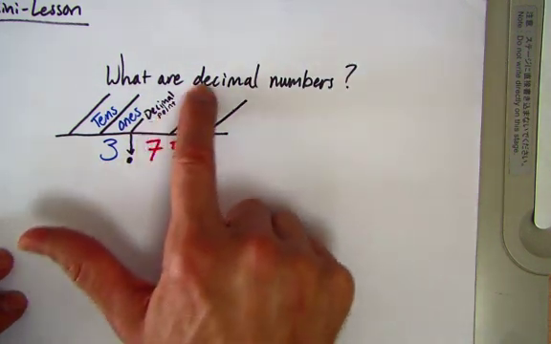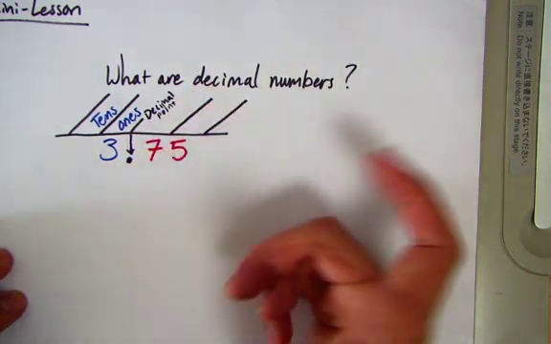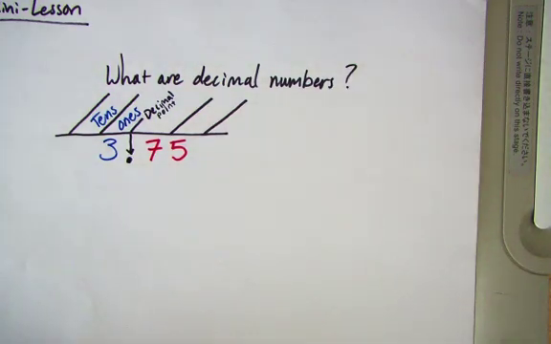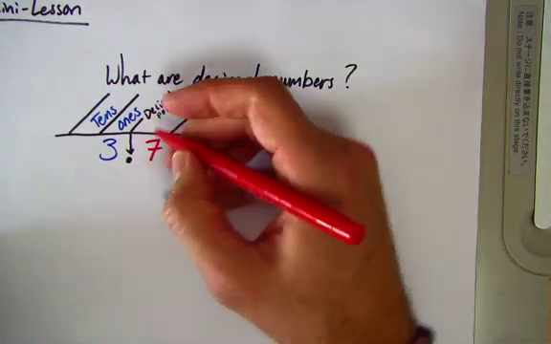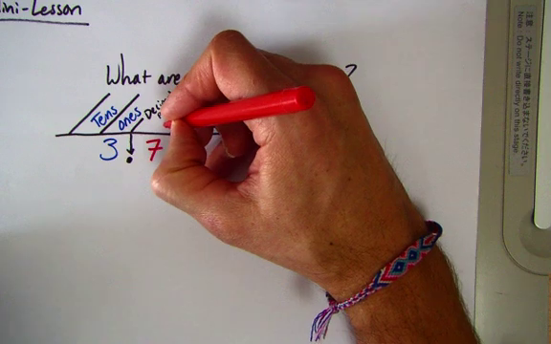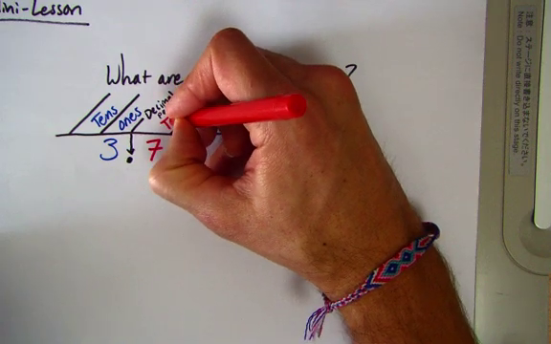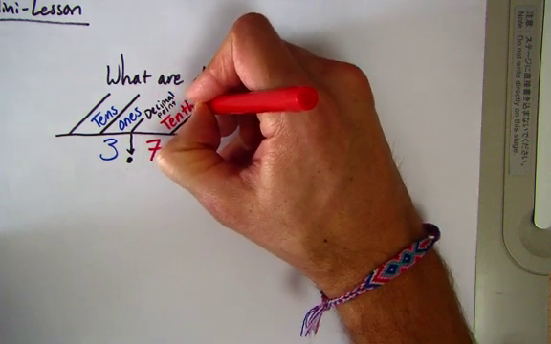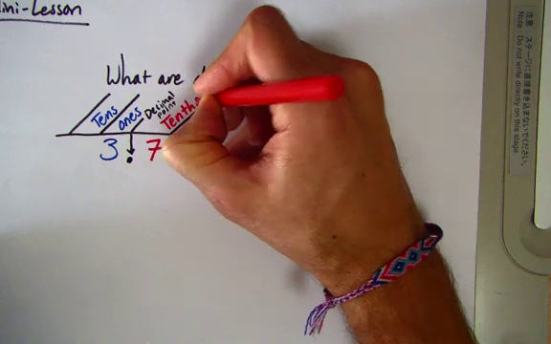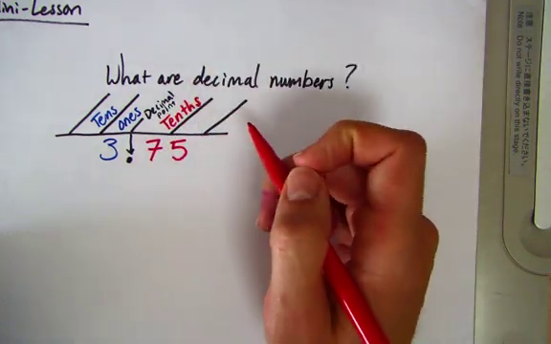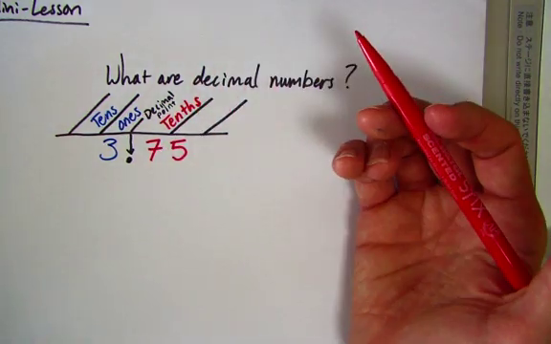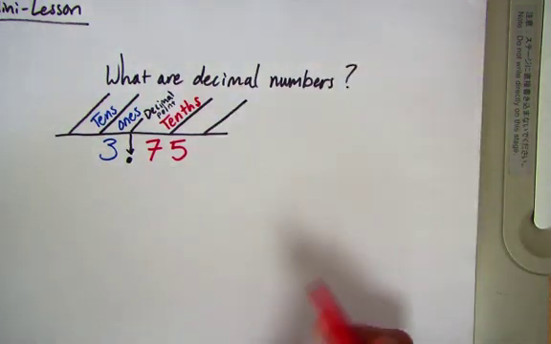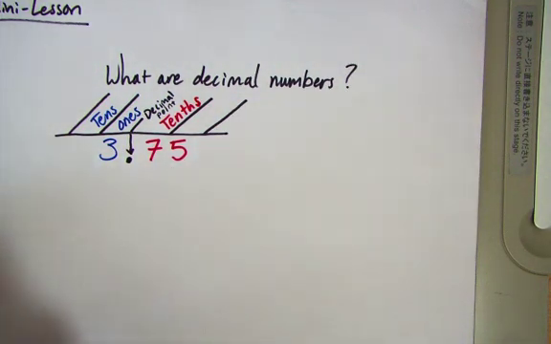Now what is the place value for this 7 and this 5? Well, actually, with the 7's place value, we call it the tenths. Tenths. Now you can relate it to fractions. Have you ever used tenths in any fraction that you've read? I'm pretty sure you have.